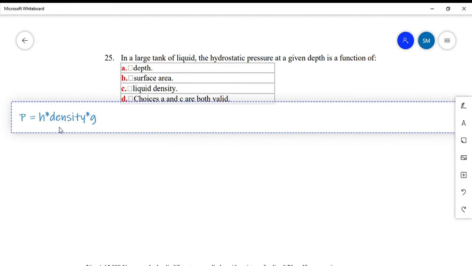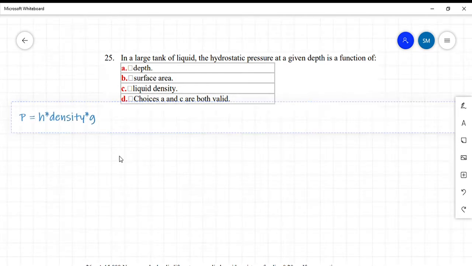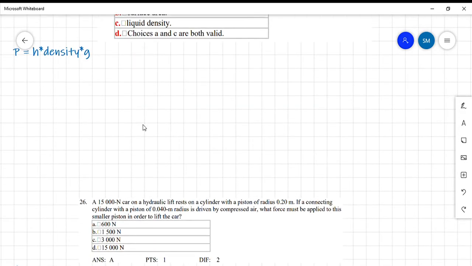So the pressure is associated with the height and the density. So the answer is D. A and C are correct. So the answer is D. Why can't we choose B? Because he didn't say in the question there is a force applied. So we can't choose the surface area.